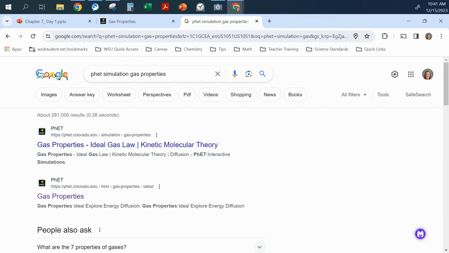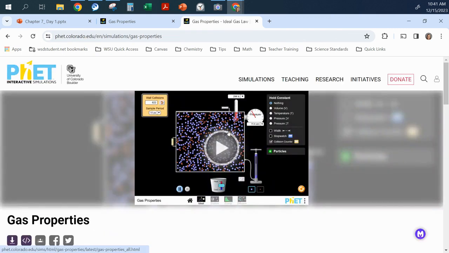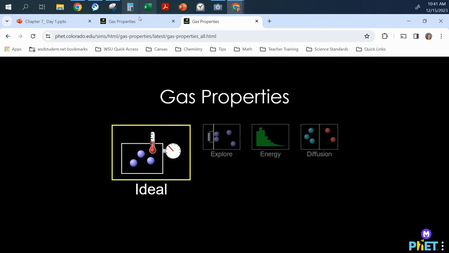We're just going to try to build an understanding of what's going on here. So we're going to use ideal gas. An ideal gas is something whose molecules don't interact or stick together at all. So I'm going to pick ideal.